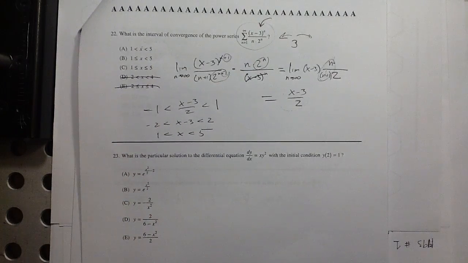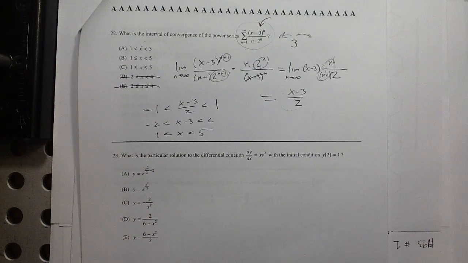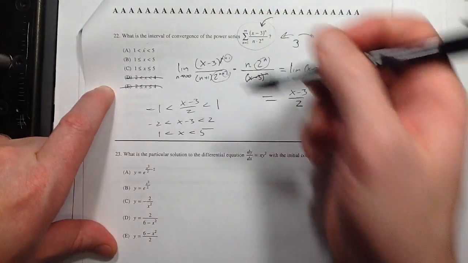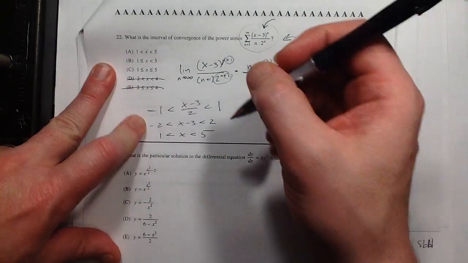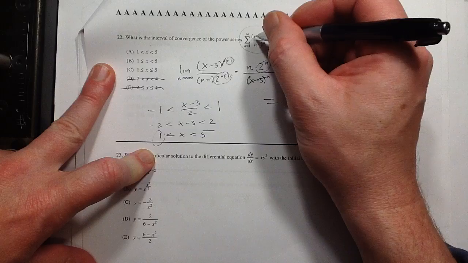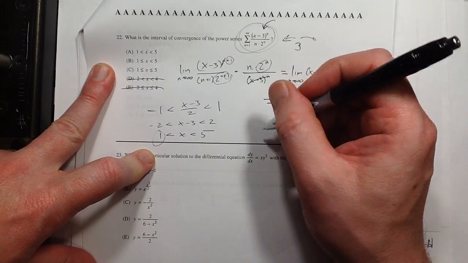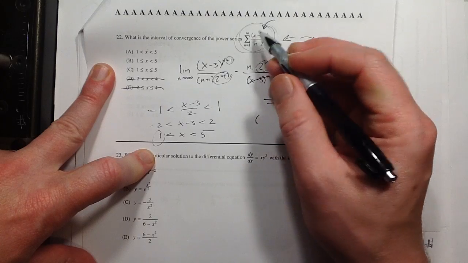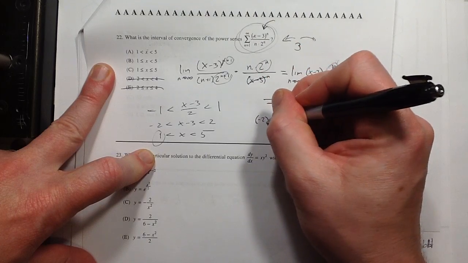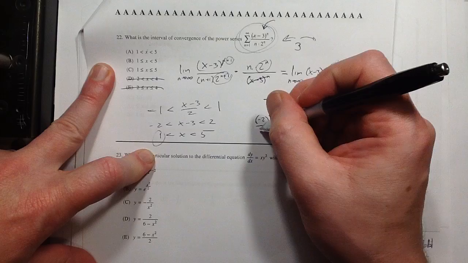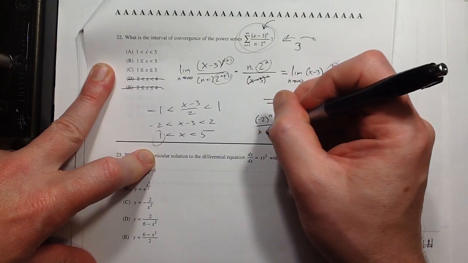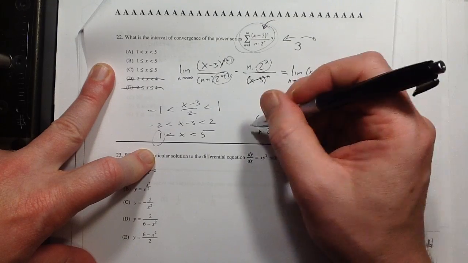Now I need to check some endpoints here to see which one of these it is. So let's check 1 and see what happens. I'm just going to go back to the original series here. If I plug 1 into the original, then I have 1 minus 3 to the n over n times 2 to the n.